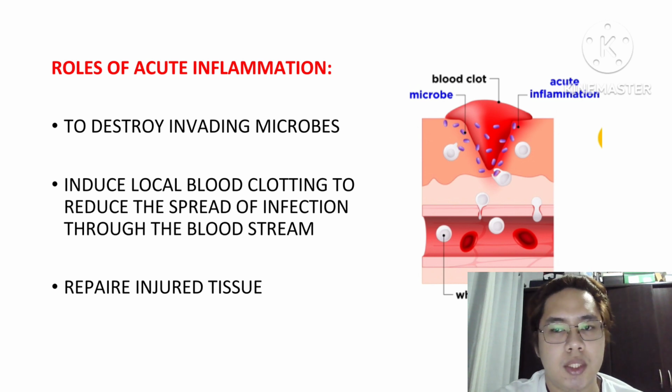We have an illustration here too, where acute inflammation is happening and microbes are invading the blood clot in the body. The white blood cells will help to destroy these microbes in order to repair the injury shown in this illustration.